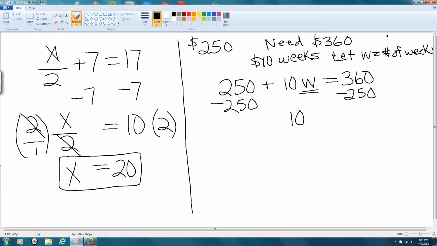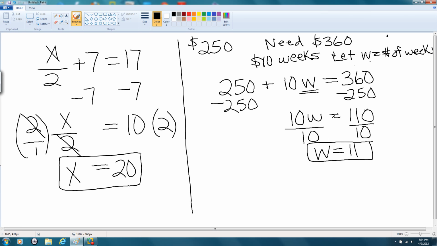I'm left with 10W is equal to 110. Now I need W by itself, and I can do that by dividing this side by 10. Since I did it to that side, I need to do it to this side, and I get W is equal to 11. So it will take me 11 weeks to earn my $360.